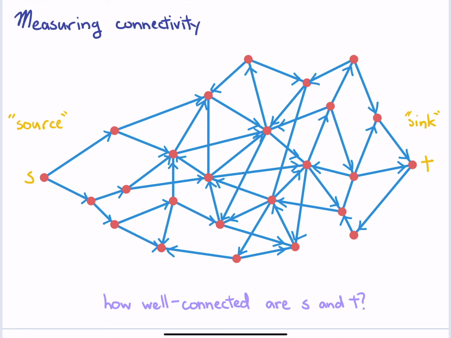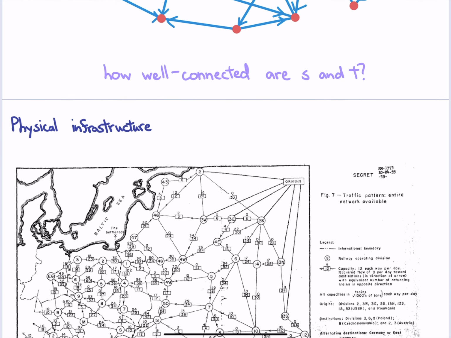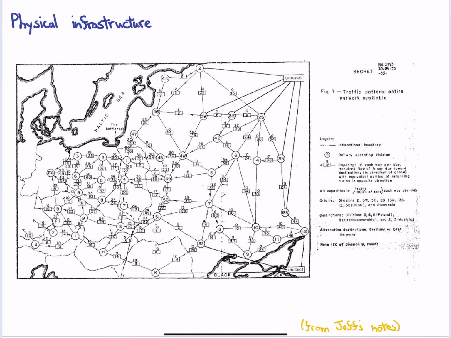What are some contexts? An early reason this problem was studied had to do with military operations research and physical infrastructure. They were looking at, say, a train network of Eastern Europe or Western Russia.